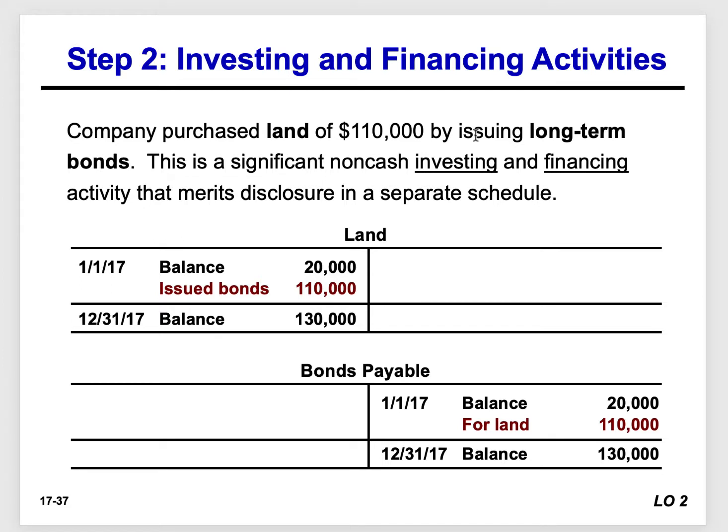This is actually part 5, and I want to go through some investing and financing activities. We saw previously how to put together the cash flow from operating activities section of the statement of cash flow. The next two pieces are going to be the investing activity section and then the financing activities section.